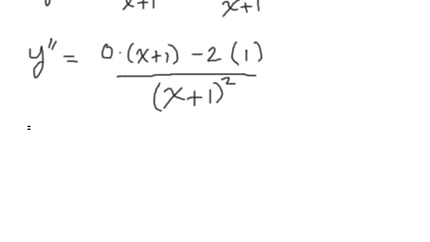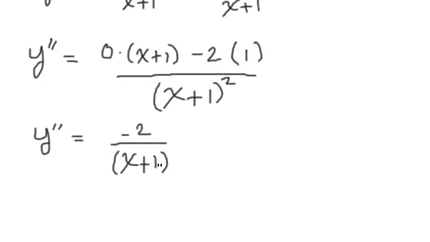Now we want to clean it up, so the second derivative is equal to 0 times, so this is all going to be 0 here, and we're just going to be left with a negative 2 up in the numerator, and it's all over the quantity x plus 1 squared. Alright, so that's taking the second derivative of that function.